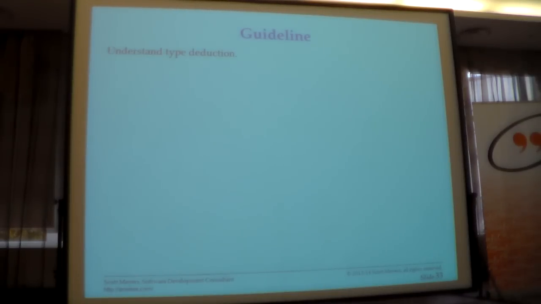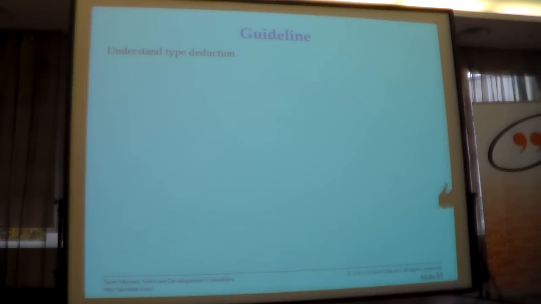So the question is, are there guidelines about when to use auto and when not? In fact, I think it might be the next guideline. Very shortly, I'm going to be advocating that when you declare an object, you should prefer to use auto. I'll talk about the technical reasons why I believe that's usually a good idea, and at that time we'll also talk about the resulting readability of the source code.